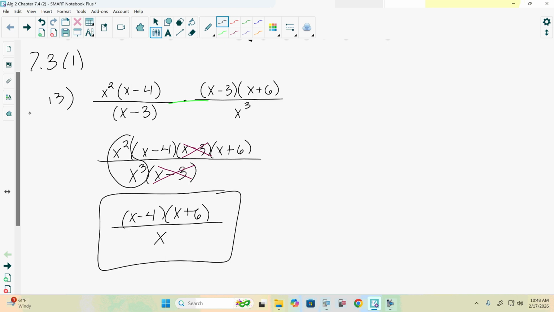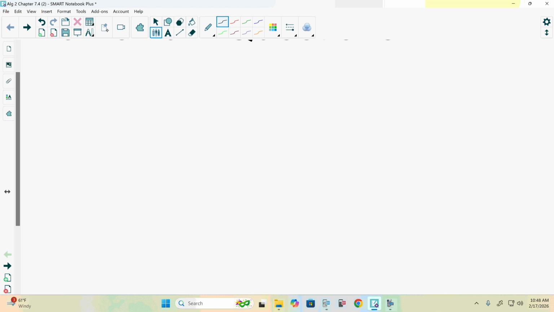You got a question on 7.4.1? Yeah. 4.0.1, number 11. Let's look at that one there. So number 11 wanted us to find the least common multiple of 2x and 2x times.